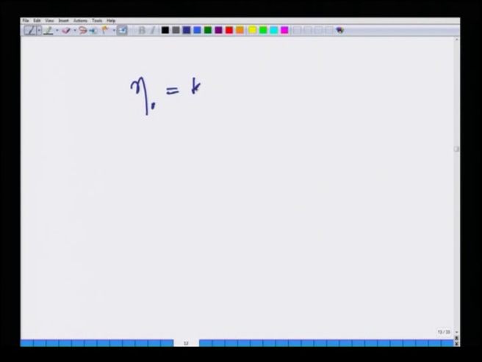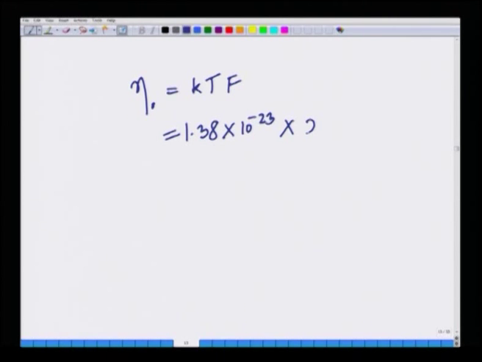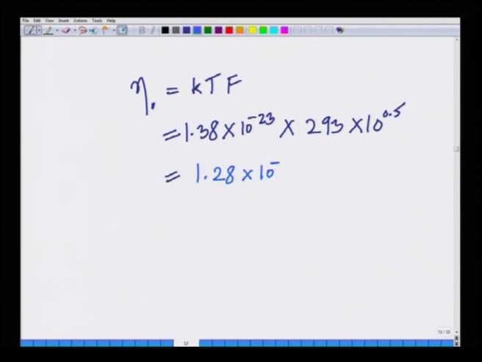Remember eta naught equals K T F. K is the Boltzmann constant, 1.38 into 10 power minus 23, into the temperature of 293 Kelvin, into the noise figure, 10 to the power of 0.5. This is K, this is T, this is F, and this product you can show is 1.28 into 10 power minus 20.